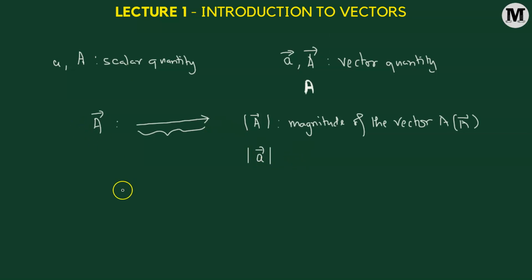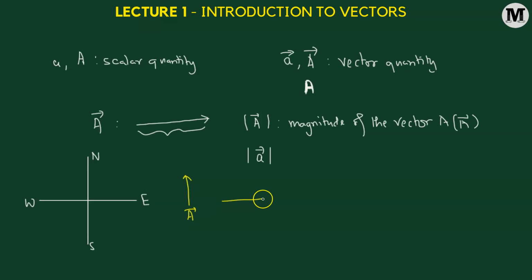So let's try to grasp the idea of vectors with the help of direction. Here we have the x-axis and the y-axis. On the y-axis we have the north and the south direction, and on the x-axis we have the east and the west direction. So how do we represent vectors? If we show a vector pointing upwards, this simply means that this particular vector is pointing in the northern direction.